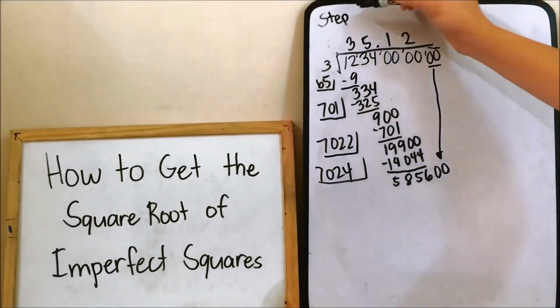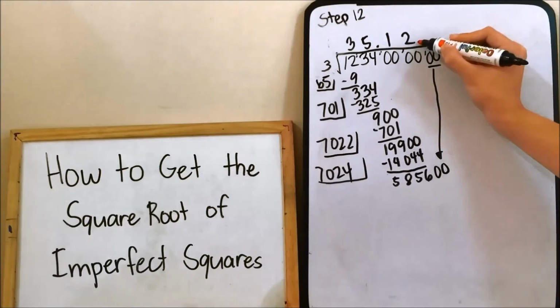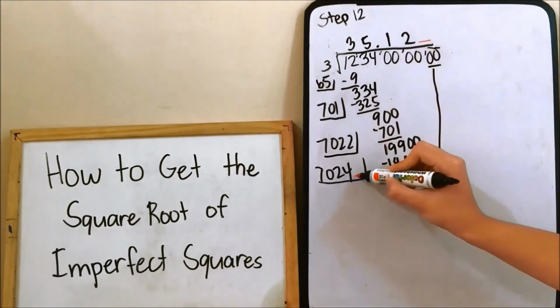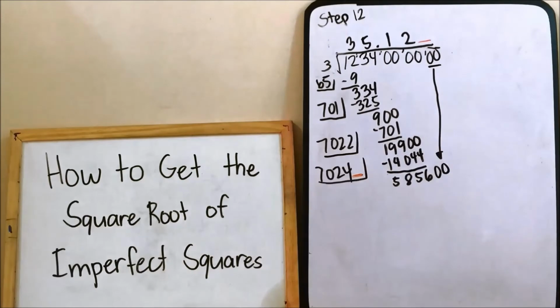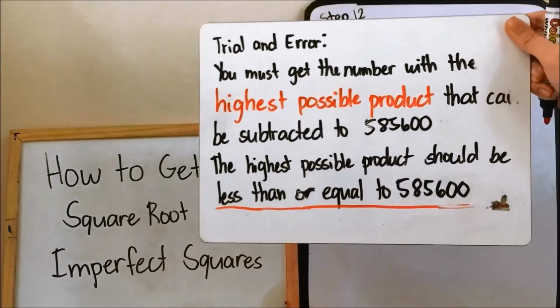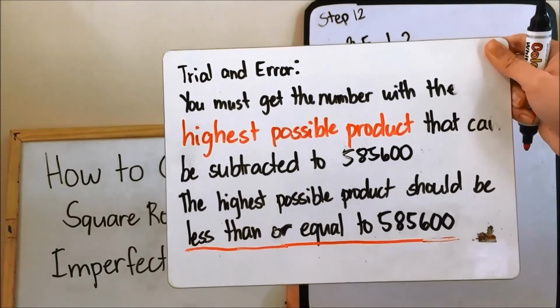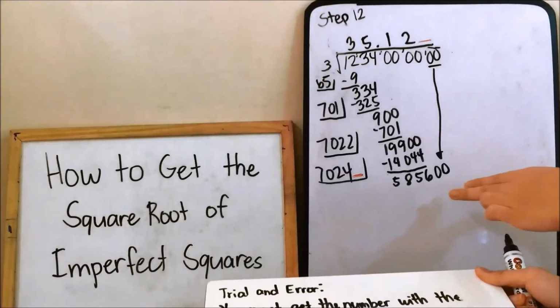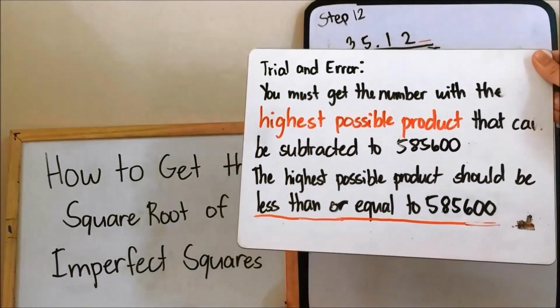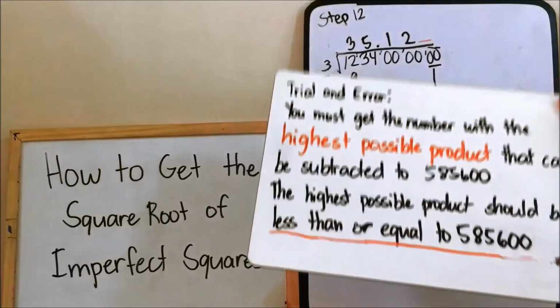Step number 12. For this step, we'll be finding the missing numbers over here and over here. So trial and error again. You must get the number with the highest possible product that can be subtracted to 585,600. The product should be less than or equal to 585,600.